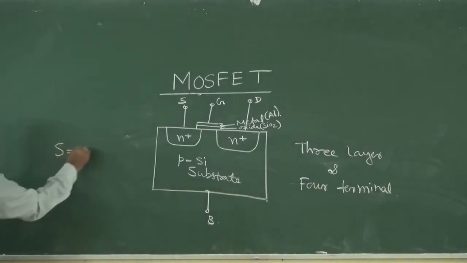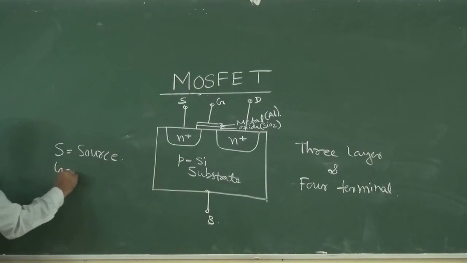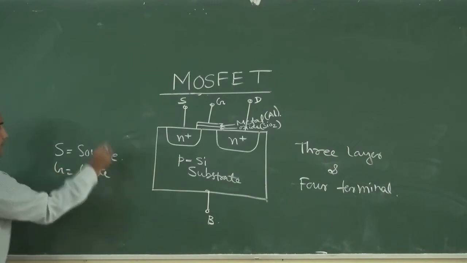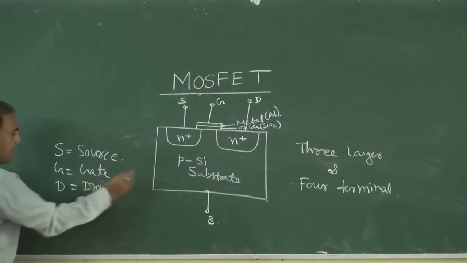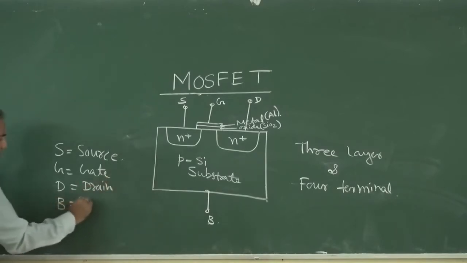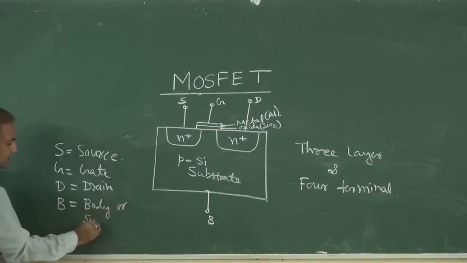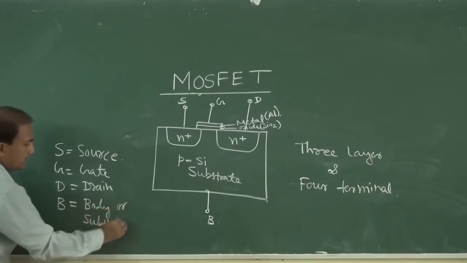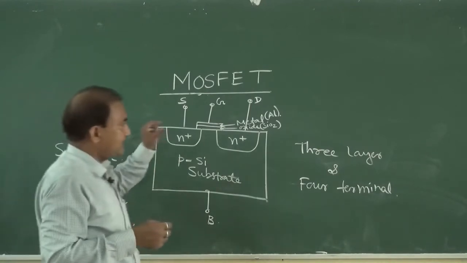S stands for source, G stands for gate, D stands for drain and B stands for body or substrate. So these are the 4 terminals and 3 layers.